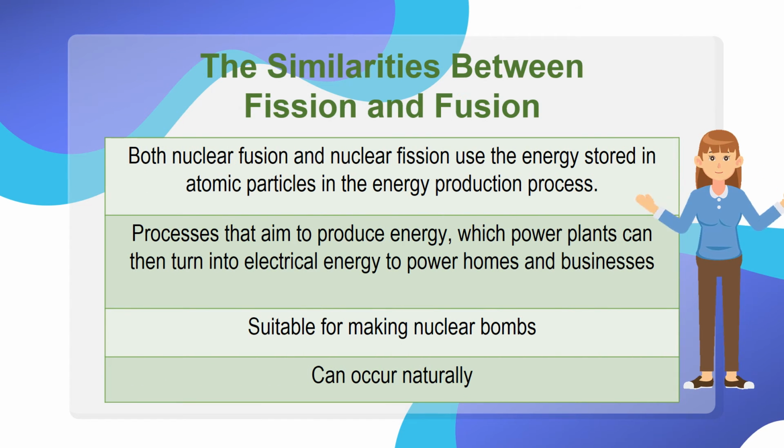Now we are going to learn about the similarities between fission and fusion. Both nuclear fusion and nuclear fission use the energy stored in atomic particles in the energy production process.